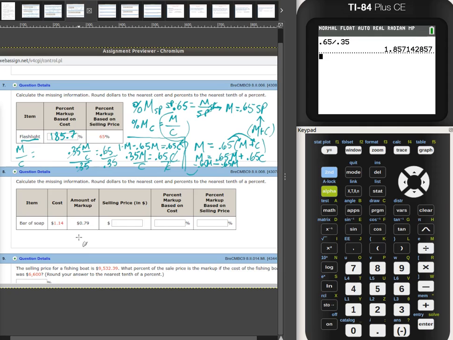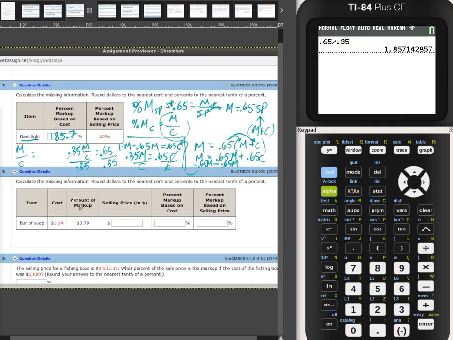I would encourage you to look in your book though at the formulas that are available to you for this chapter, and you can find one that will just convert these values from percent markup based on selling price to percent markup based on cost. I don't really have enough room to write it here, but that would be a very straightforward way. I think that this way is a lot more fun though.